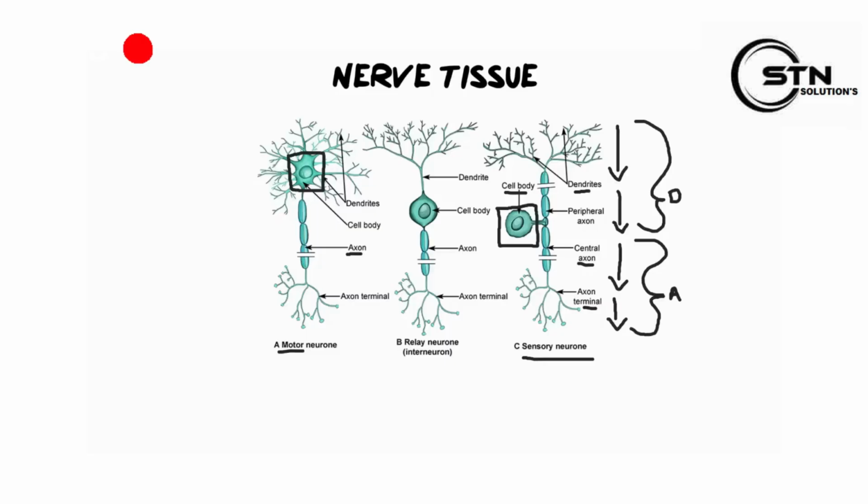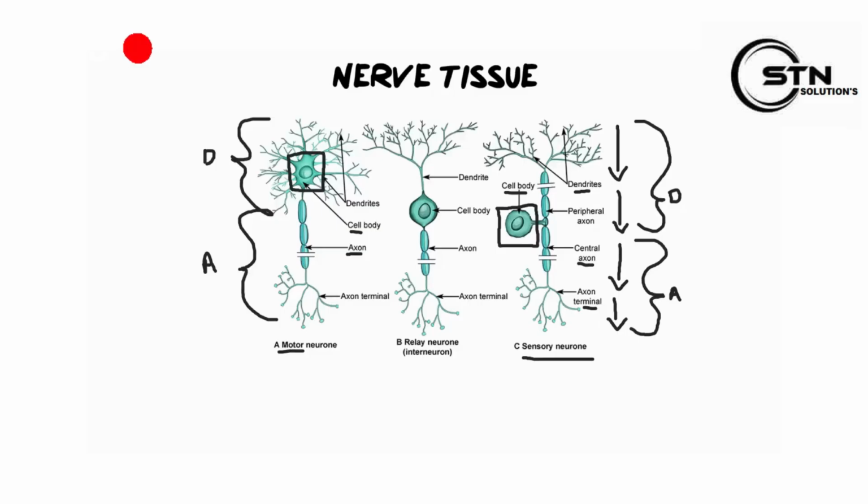Because the cell body sits inside of the dendrites, that means just this upper area is our dendrite area, whereas everything beyond that, all this lower part here, is the axon. And so essentially, wherever the cell body is will determine where the axon is versus where the dendrites are.